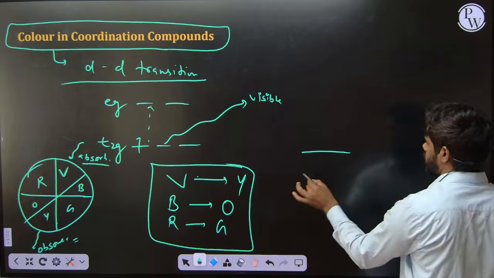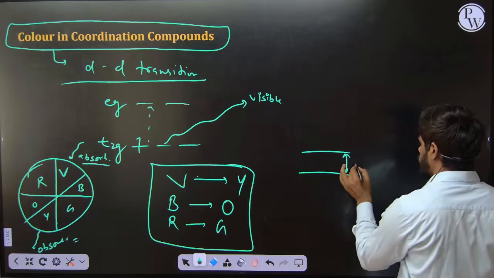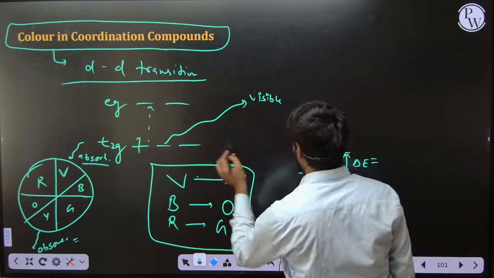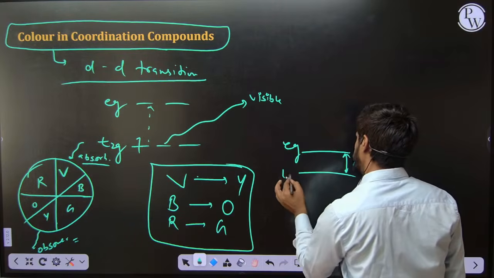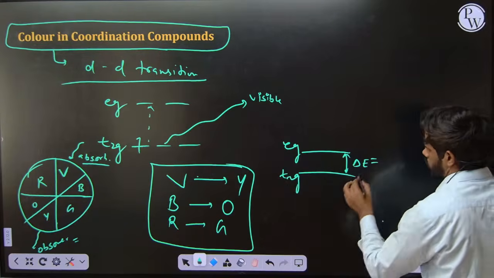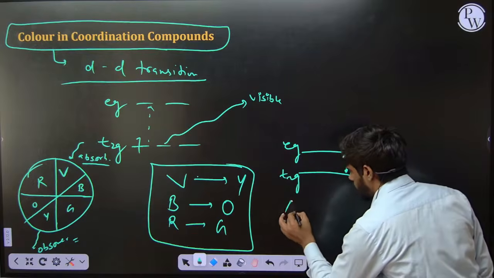The difference between these, delta E, is the energy gap between the T2g and Eg levels. If the difference is more, the energy is more. So the splitting can be decided by the splitting energy.